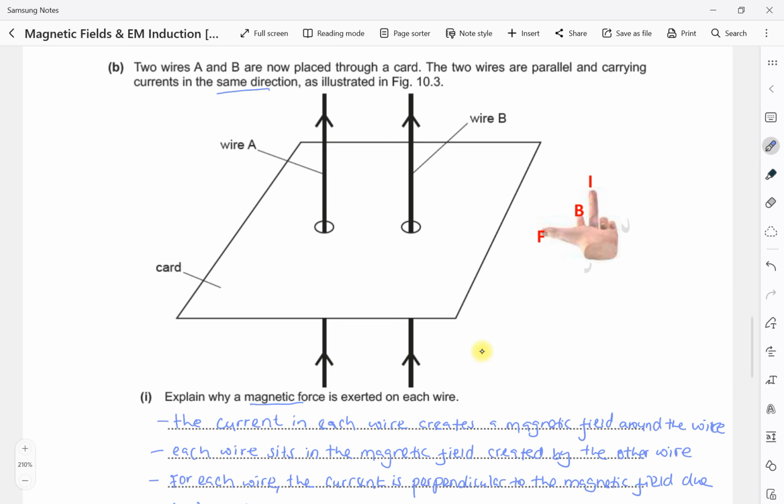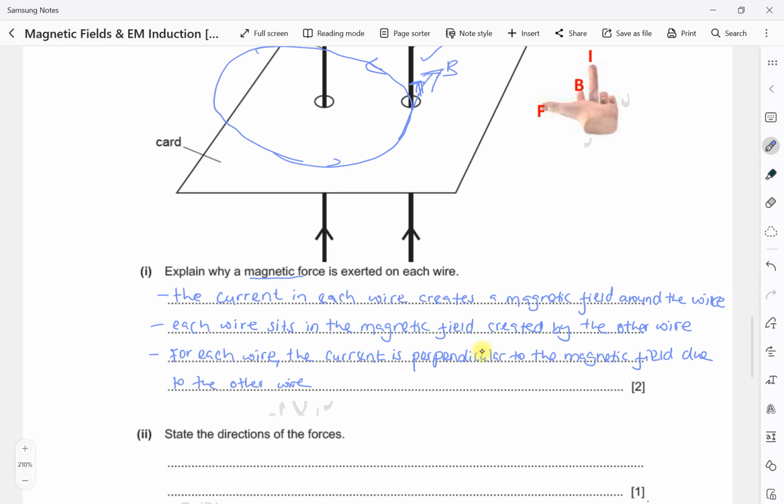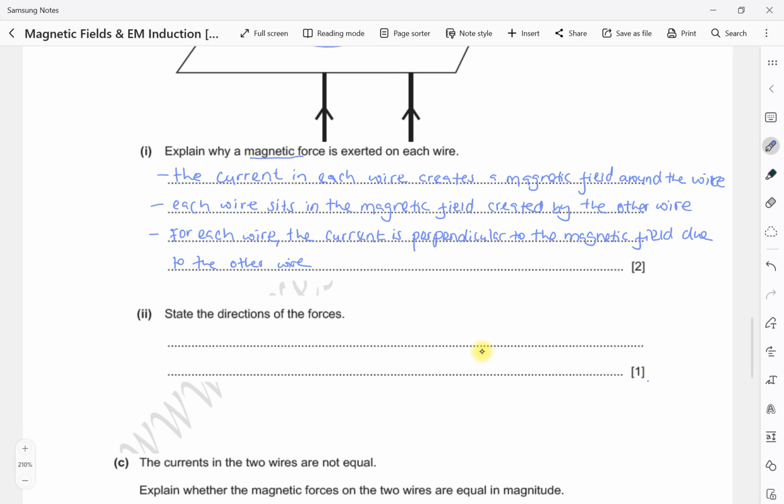For instance, the magnetic field around this wire spreads, but remember it is in the horizontal plane, and therefore the current in this wire here is perpendicular to the magnetic field from the other wire, which is in the horizontal plane, while the current is in the vertical plane. So this is at 90 degrees. If the field is a tangent in that direction, the current is at 90 degrees to it. So for each wire, the current is perpendicular to the magnetic field due to the other wire.